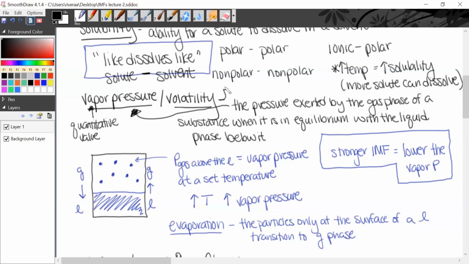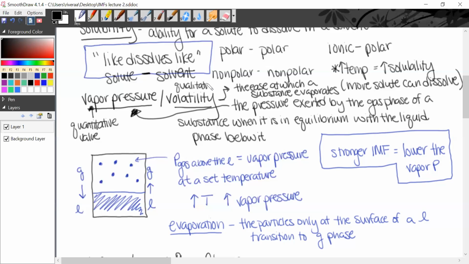Volatility is the ease at which this is all squishy, substance evaporates. Okay, this is not a quantitative value, it's qualitative.